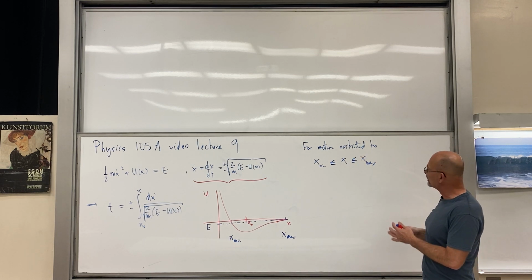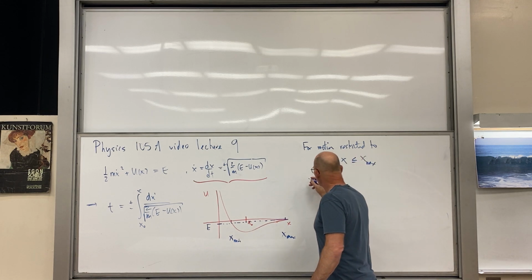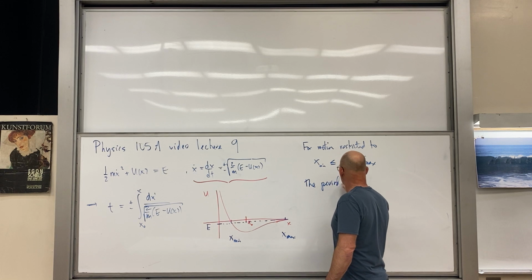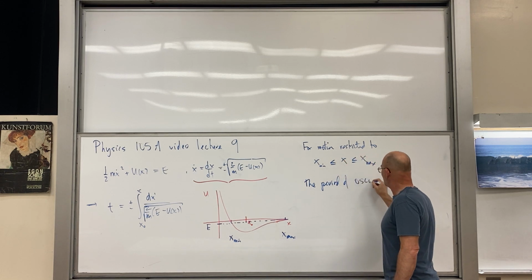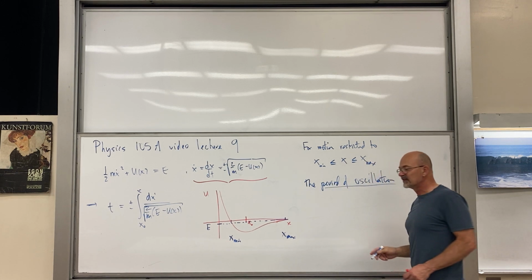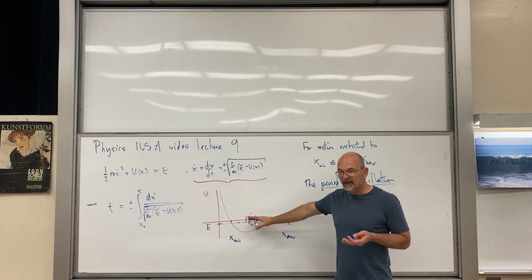So for such a motion restricted like that, the period of oscillation, by the way, this is not yet a harmonic oscillation. This is just a repeating motion as I'm describing here.